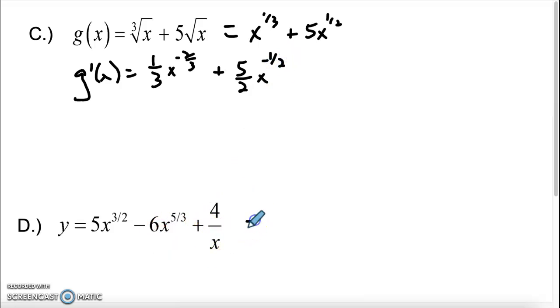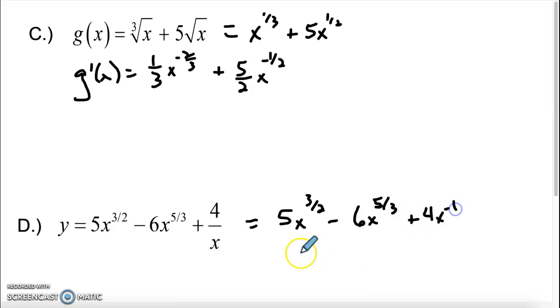Same thing here. Now, my first two terms already have fractional exponents nicely written, but here I can rewrite that as 4 times x to the negative first. And now I can take the derivative.